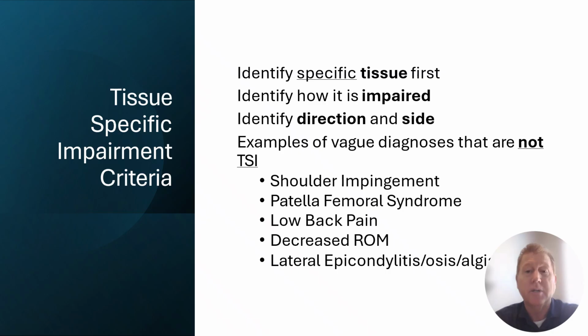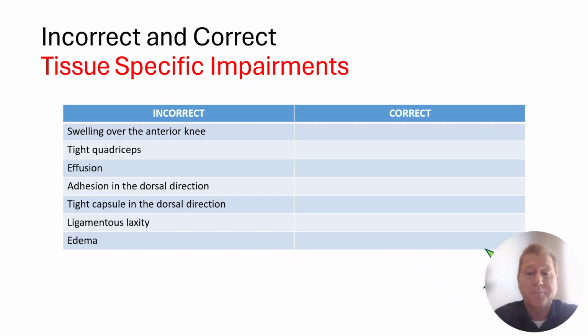So here we have some examples that are not TSIs. They're vague: shoulder impingement, patellofemoral syndrome, decreased range of motion, or lateral epicondylitis. All of those do not have either a side or a directionality associated with them, therefore they are not specific tissue impairments.